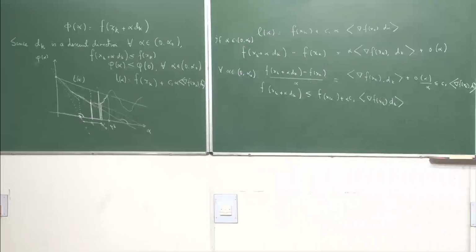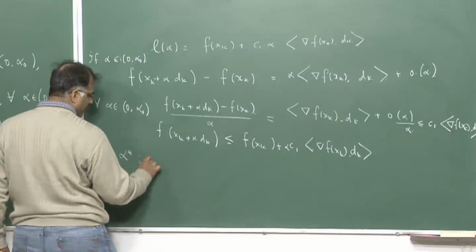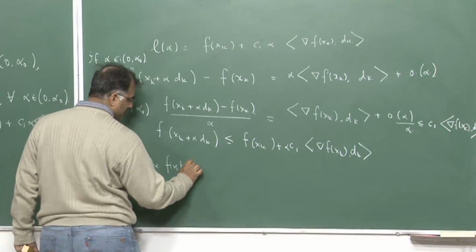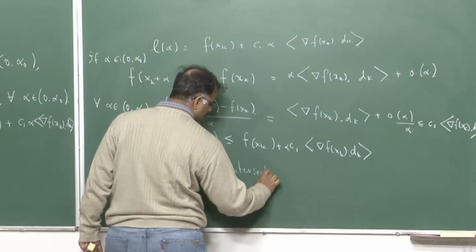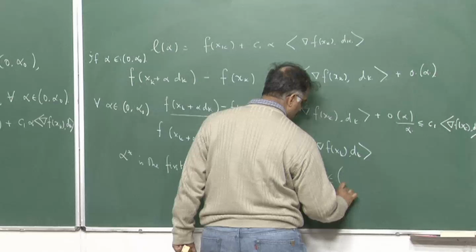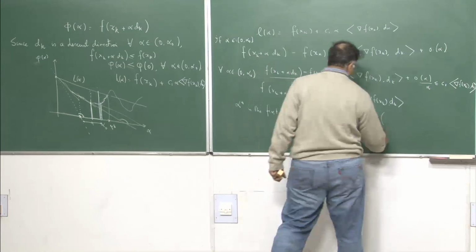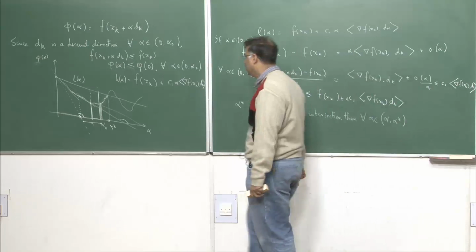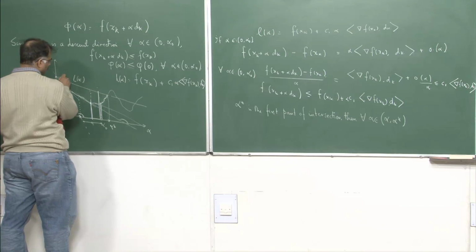So if alpha star is the first point of intersection, then for all alpha between alpha dash and alpha star, the function values are less than f of xk. Here was my f of xk value.